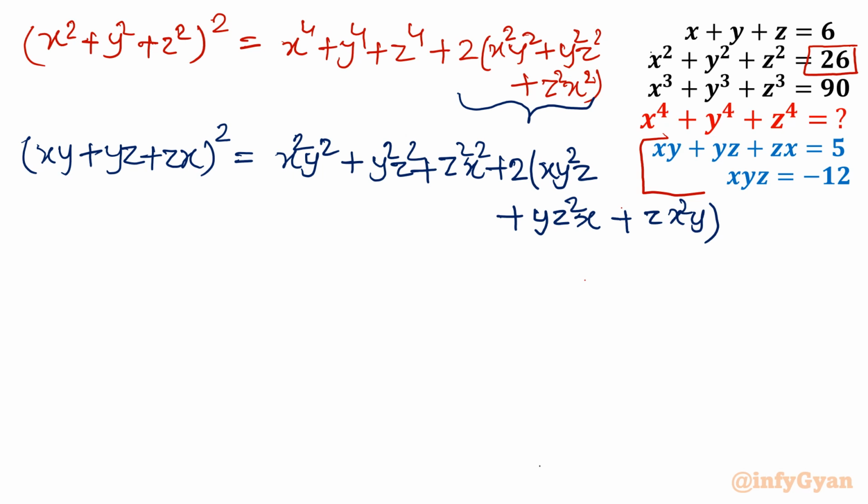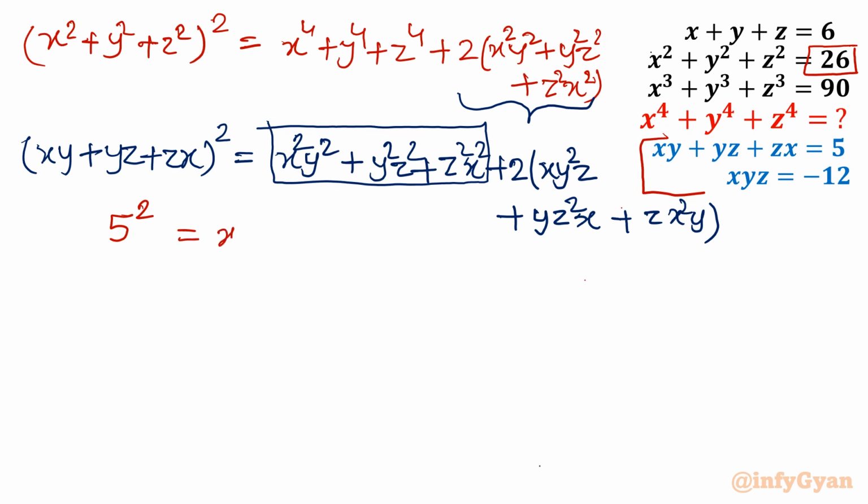Now our target is this term. Now on the left hand side, this we calculated in equation number 1. So let me put this value. This value is 5, so I will write 5 square.